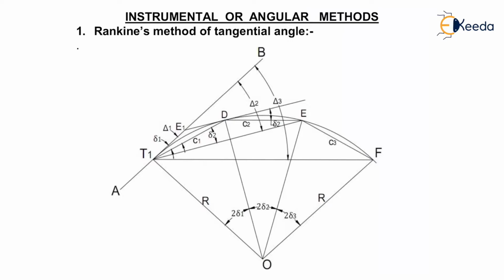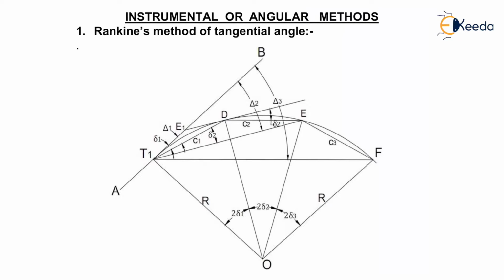Then D, E, F are successive points on the curve. Delta 1, delta 2, delta 3 are the tangential angles which each of the successive chords T1D, DE, EF, etc. makes with the respective tangent at T1, D, E, etc. Then Delta capital 1, 2, 3 are the total tangential or deflection angles.